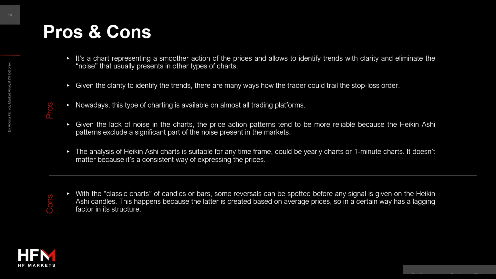By averaging the values, though, the candles do not show the exact opening and closing price of an asset. Okay, and so it makes it, on the one hand, easy to identify a trend. It fills in the price gaps. It helps with the entry point and stop loss levels for buying and selling.